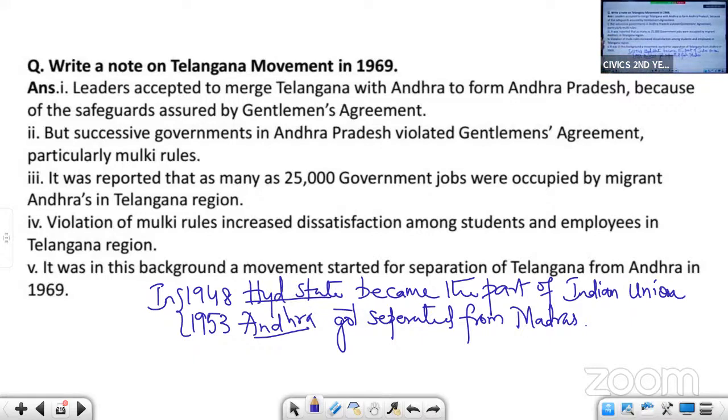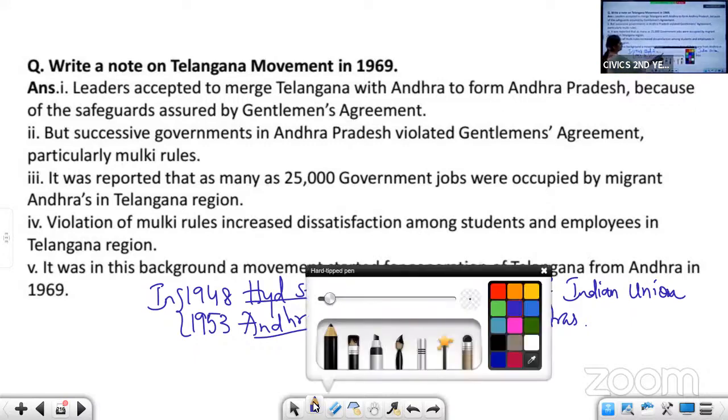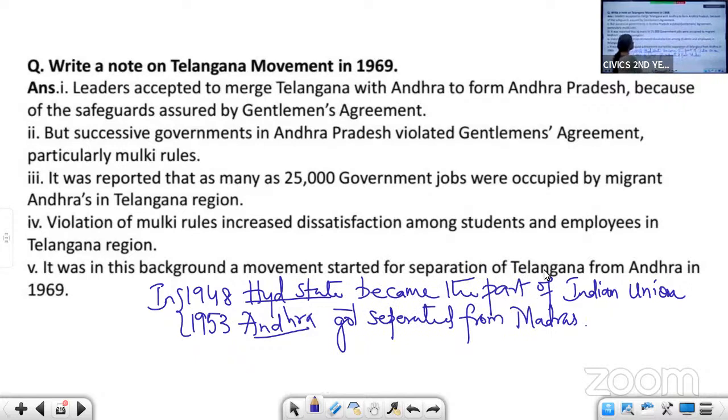So the leaders of the Andhra region felt that as we have Telugu speaking people in both regions, why not merge both these regions and form a larger state? Initially, the leaders of Hyderabad state did not accept that idea of merging.